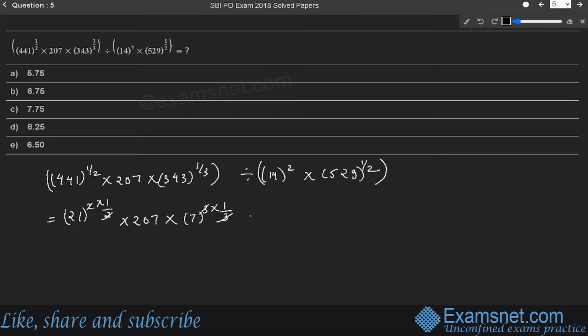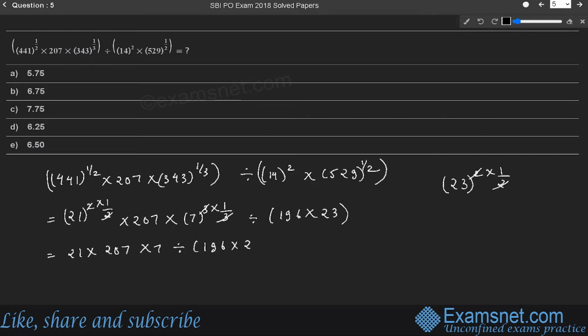So it will be 7 divided by 196 into 23. We know that square of 23 is 529. So it can be written as 23 power 2 into 1 by 2. So 2 and 2 will be cancelled. So the remaining number will be 23. So this becomes 21 into 207 into 7 divided by 196 into 23.